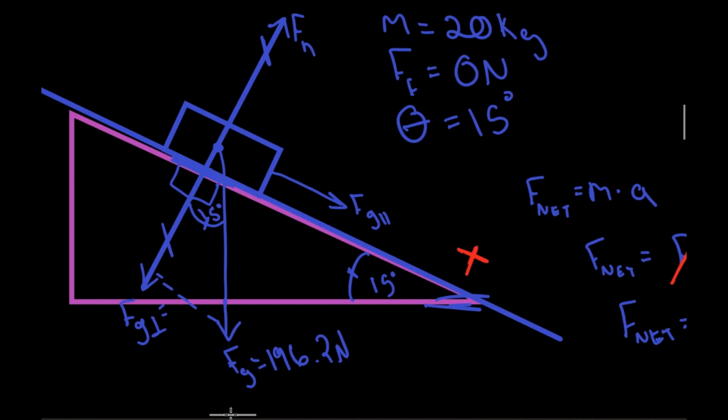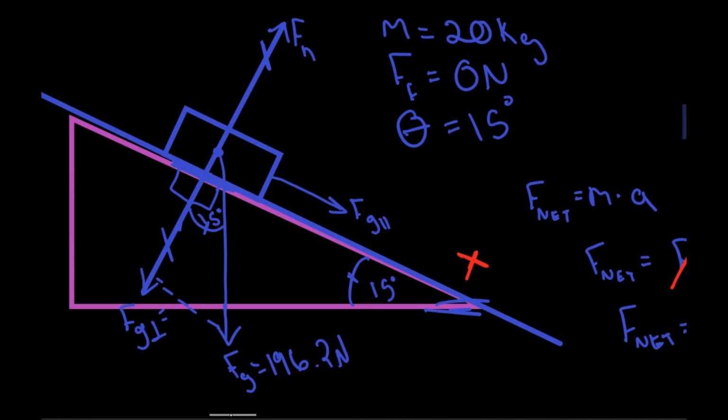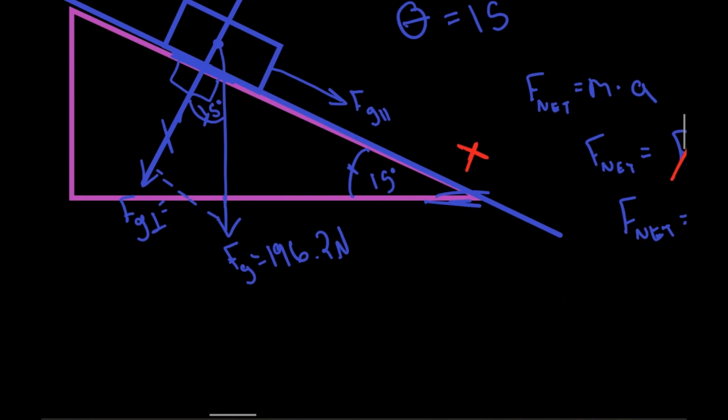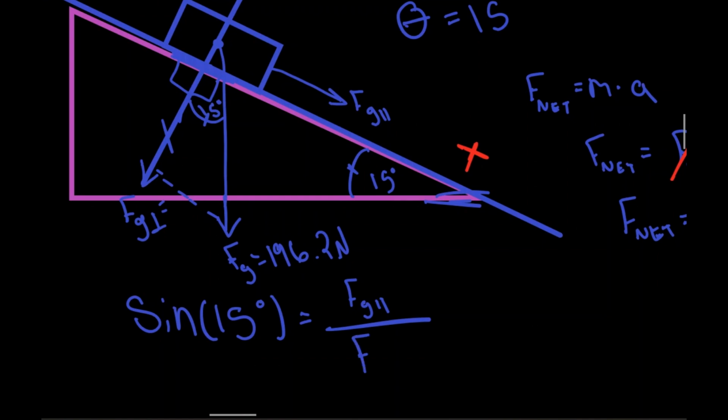Okay, so now we have our hypotenuse, 196.2 newtons, and we're trying to find one side, and we have an angle. So what could we use? We could use sine, back to our trigonometry. Sine of 15 degrees is equal to the opposite over the hypotenuse, so the opposite of the angle is our force of gravity parallel over our hypotenuse, which is our force of gravity.